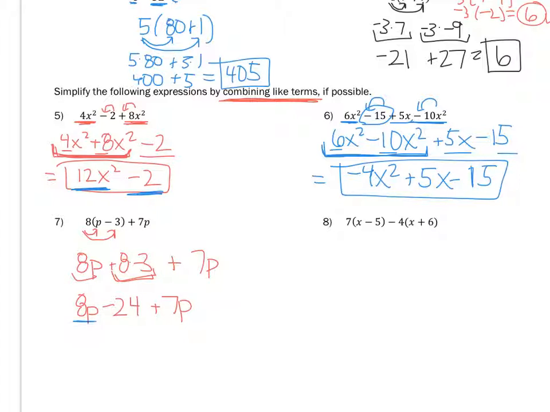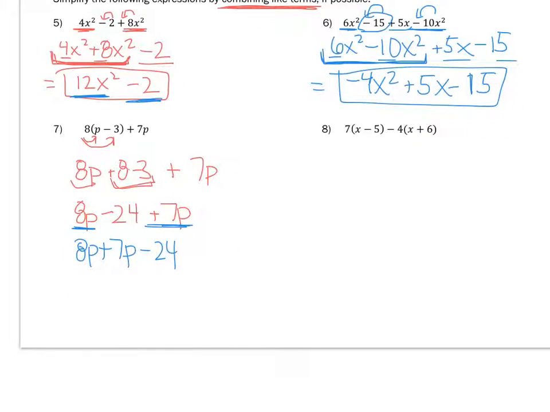Well, now I have some like terms. I have 8p plus 7p minus 24. Combine those like terms, and we end up getting 15p minus 24 as my final answer.